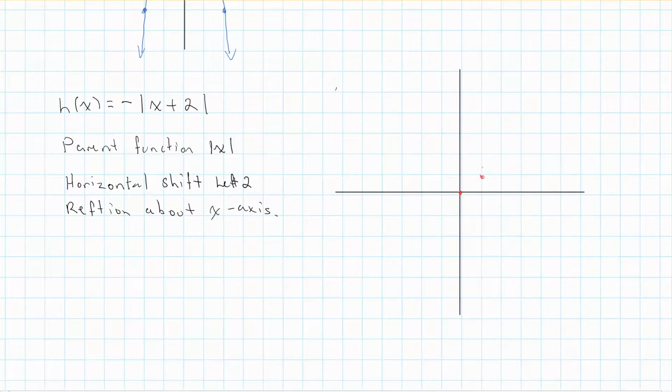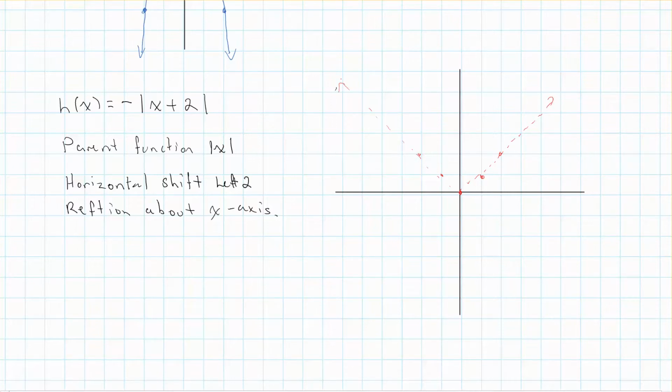As I said, we didn't talk about it in the parent function section, but it looks basically like a V. I didn't do this with dotted lines. It's not a big deal, but I will be consistent here. So if I do the dotted lines instead, there we go.